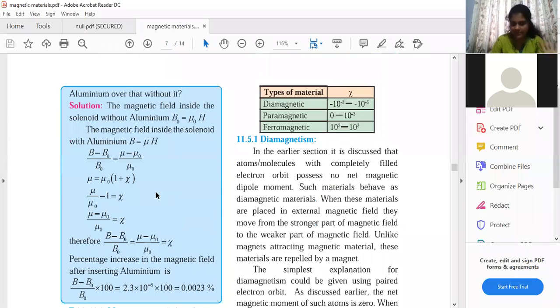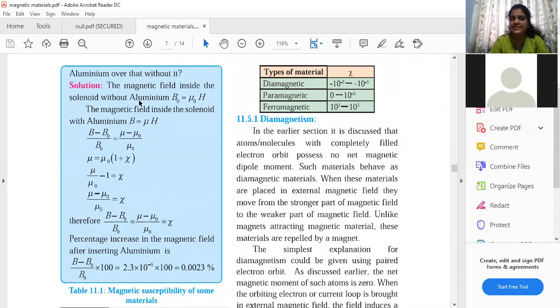All right, let's look at the solution. The magnetic field inside the solenoid without aluminium is B naught. First I have not kept any material.